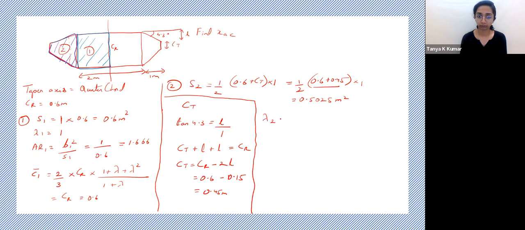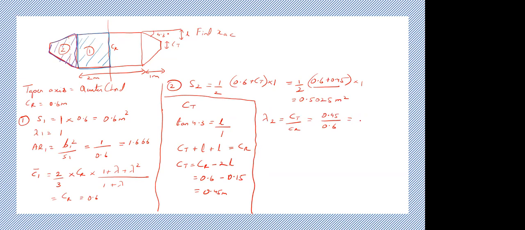Lambda 2 is CT upon CR. How much is it? CT was 0.45 by CR was 0.6. How much is this value? 0.75. Okay.